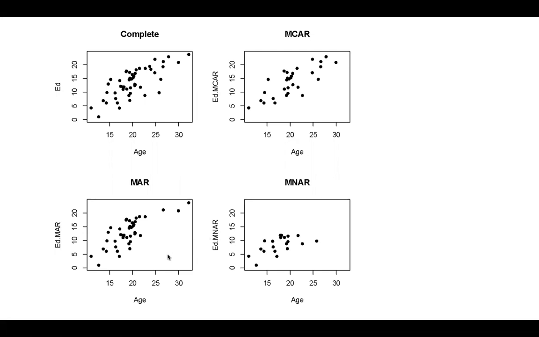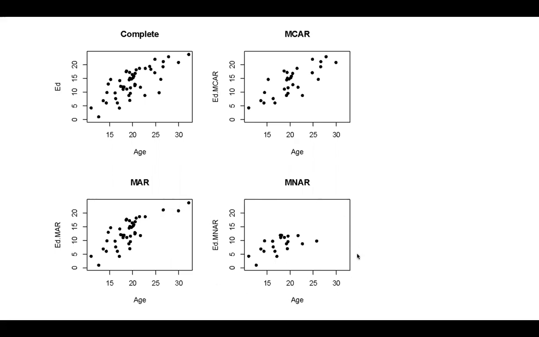In the bottom left, if you condition on age, if I say I'm only going to consider people who are between ages 25 and 30, among those people it's just random which of them are missing education values, right? Among people between age, I don't know, 23 and 25, it's just random which people are missing education values. Conditional on age, we're just sticking our hand in a bucket and drawing a few people out to be missing. So we can condition on age, as we'll see, and try to fill these values back in.